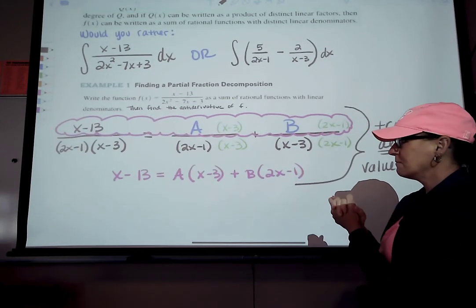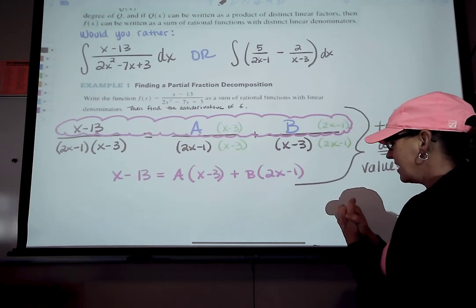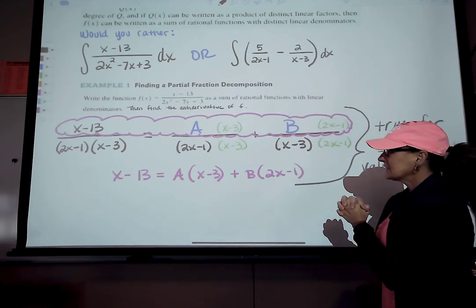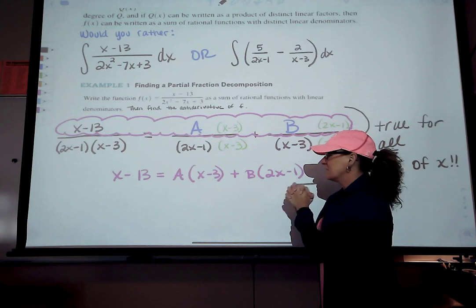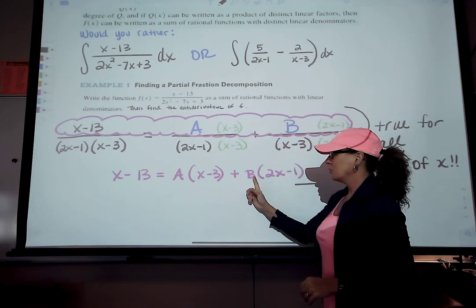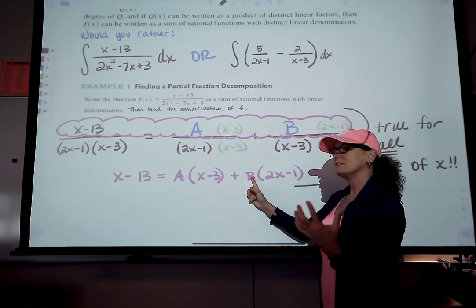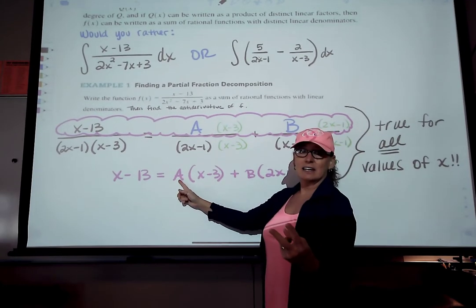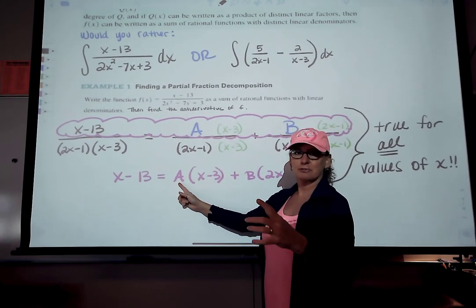So, you ready? I'll do B first. Let's say that I would really like to find the value of B. Well, what's in my way of that? 2 things. There's an A that's an additional variable that's really in my way.